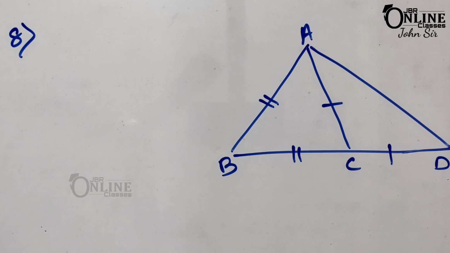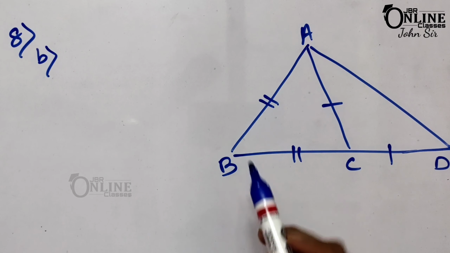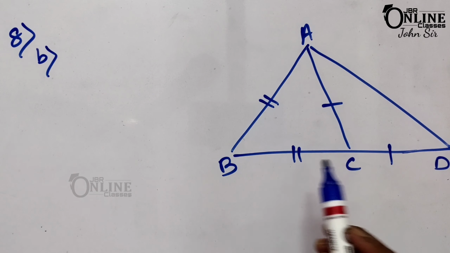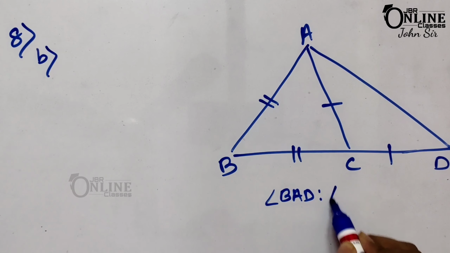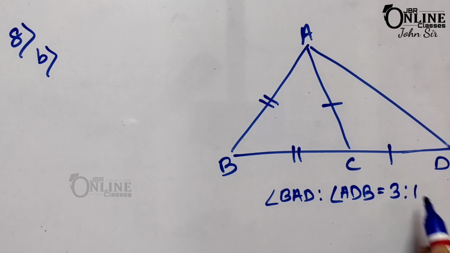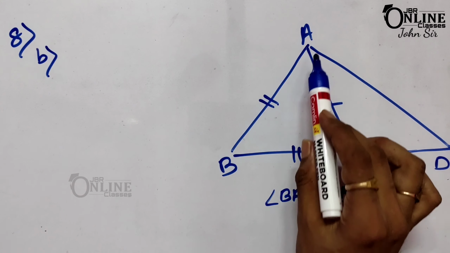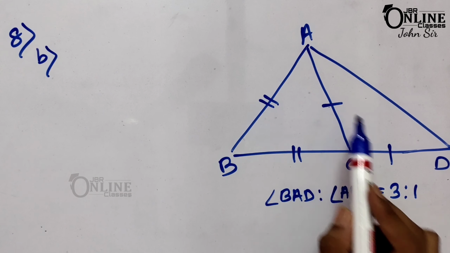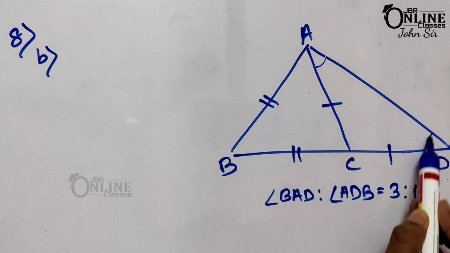Now the next one, 8b. In the adjoining figure, here AB equals BC and AC equals CD. You have to prove that angle BAD to angle ADB equals 3:1. So here in this triangle ACD, if these two sides are equal, then definitely this angle equals this one.